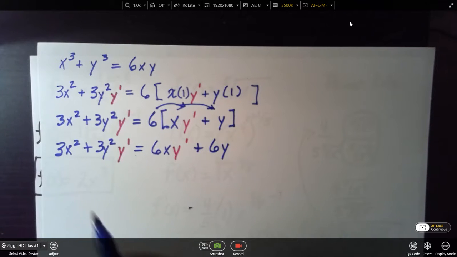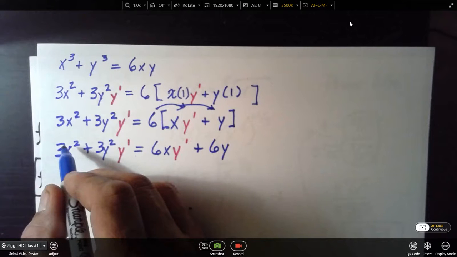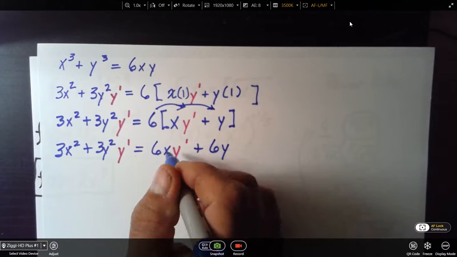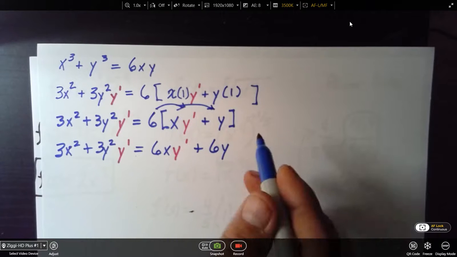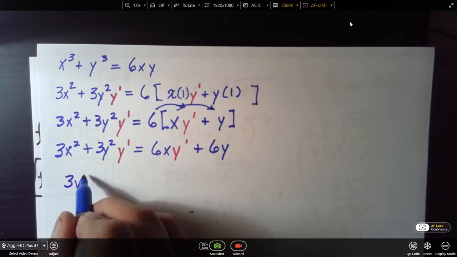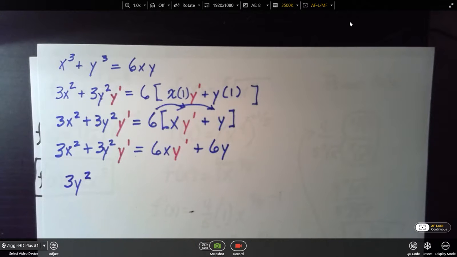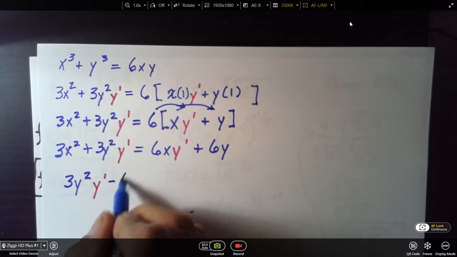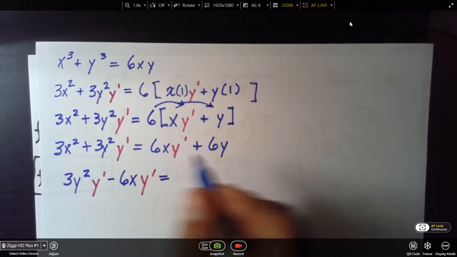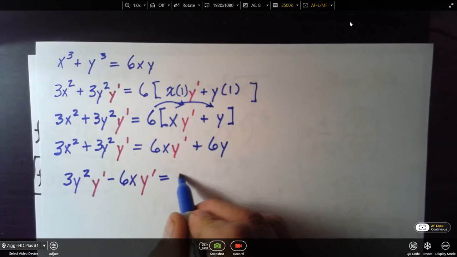So I'm going to take this 3x squared, I'm going to leave it alone. I'm going to take this 3y squared and bring it over here, or you can bring the 6y over here, doesn't matter. Well, let's just do that: 3y squared y prime minus 6x y prime is equal to, bring this 3x squared over.